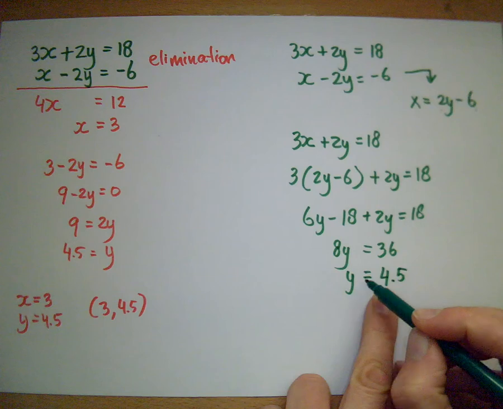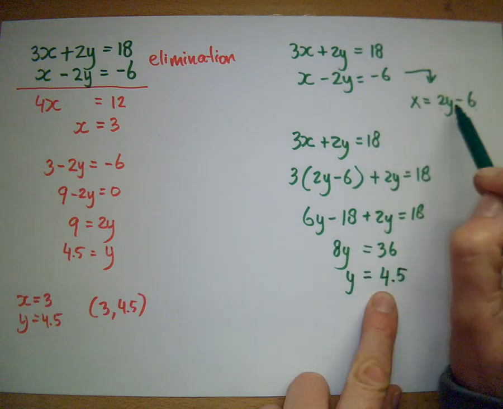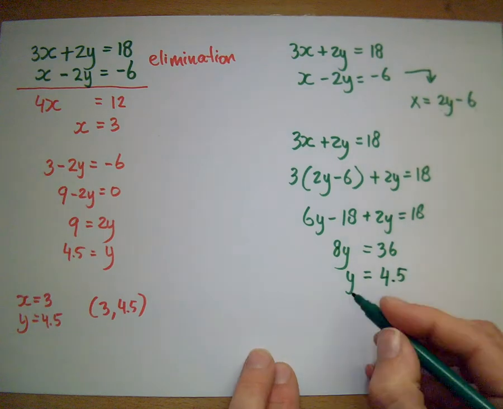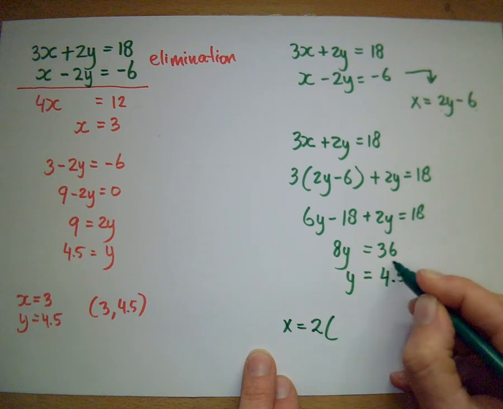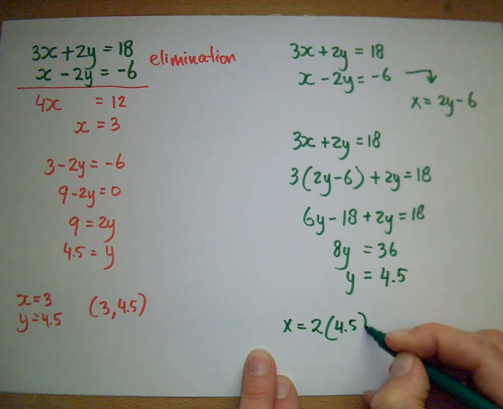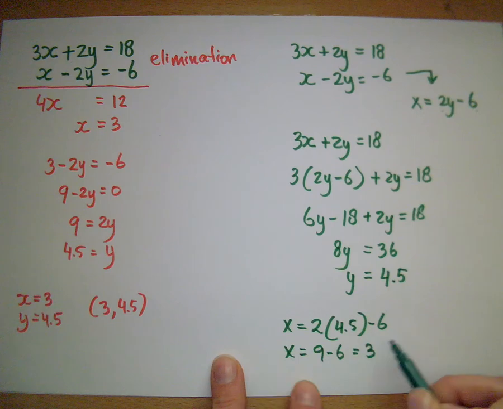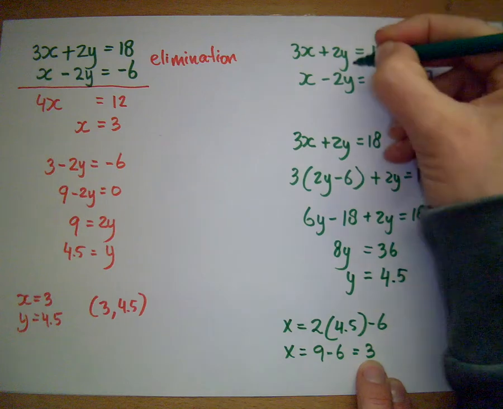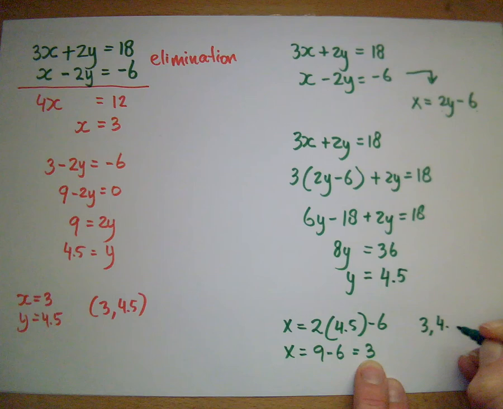Now I substitute this back into, let's say there, right? So if x is 2y minus 6, x equals 2 times 4.5 minus 6. So x equals 9 minus 6, which equals 3. So the coordinate of the point where the two lines meet is 3, 4.5.